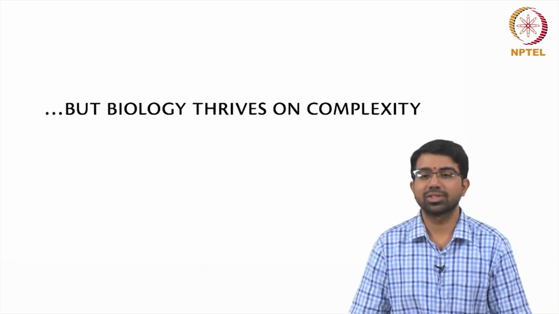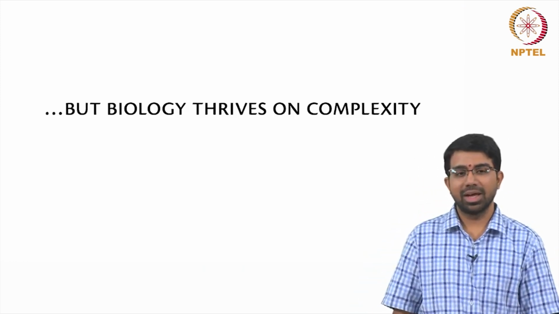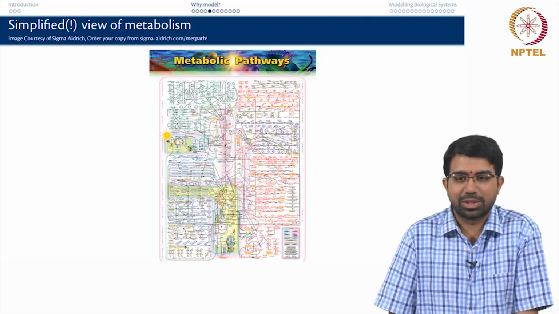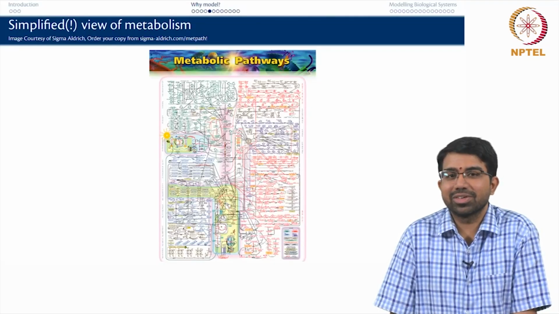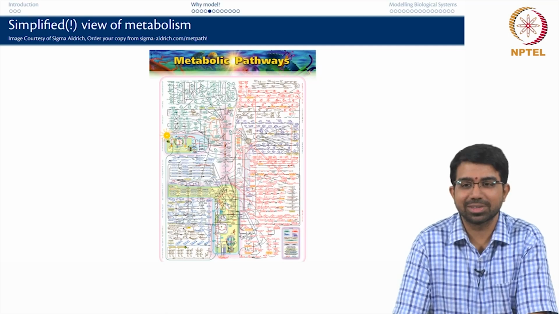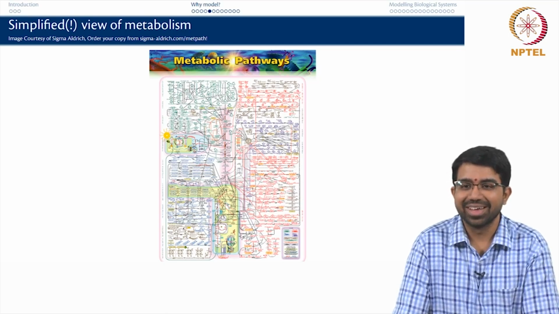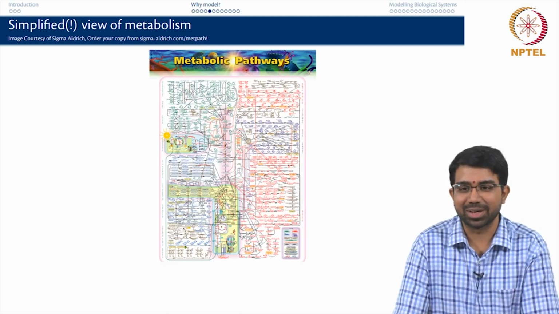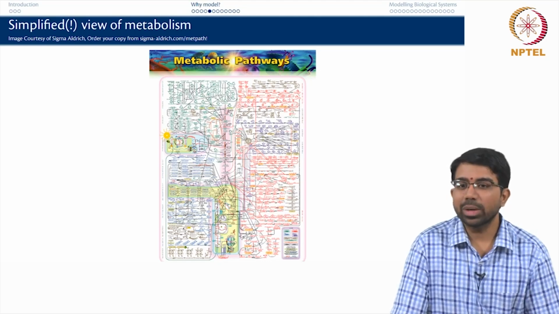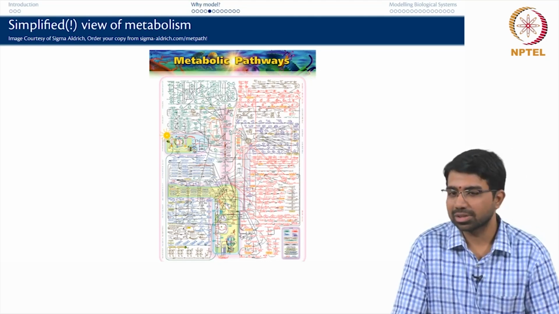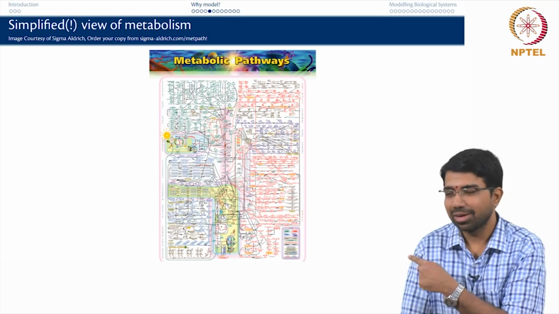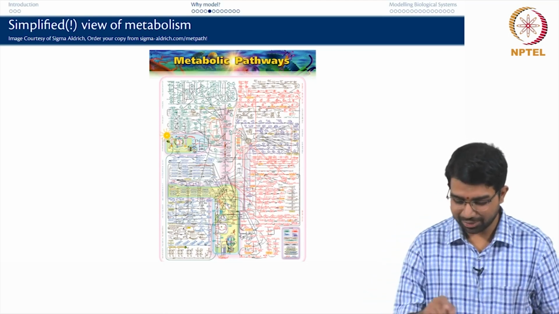But biology thrives on complexity. As a peek at this complexity, look at this picture. This is what we usually call a simplified view of metabolism, sort of to intimidate any person who steps into biological modeling. But why is this a simplified view? For starters, I have one chemical being shown anywhere here.